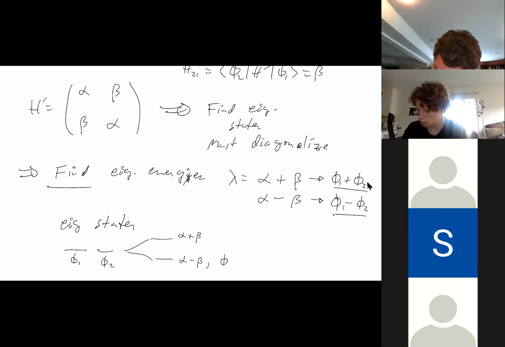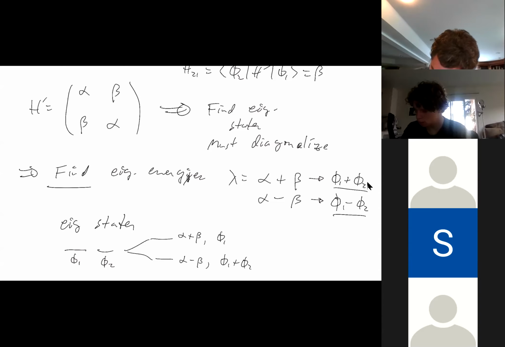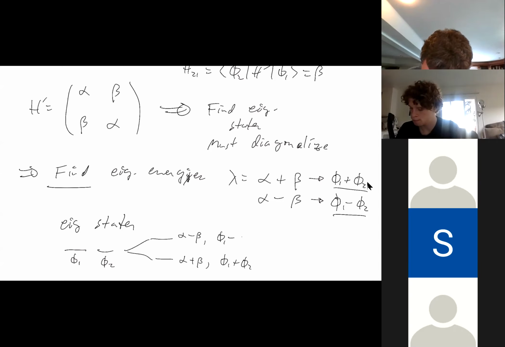And that state is phi 1 plus phi 2. Oops, actually, I did that wrong. It turns out that this one has the higher energy. And so this we call the bonding orbital, and this we call the anti-bonding.